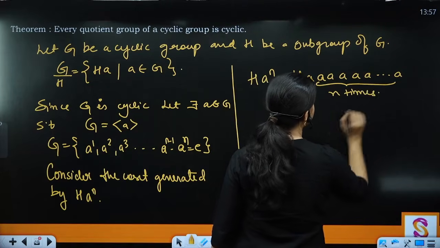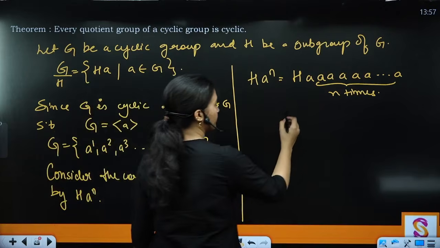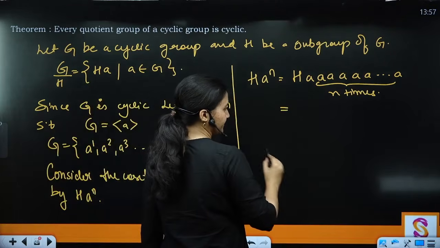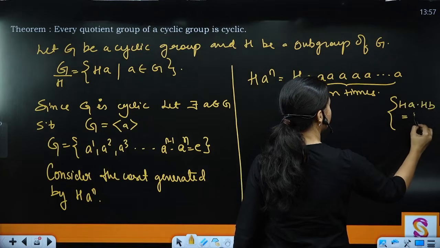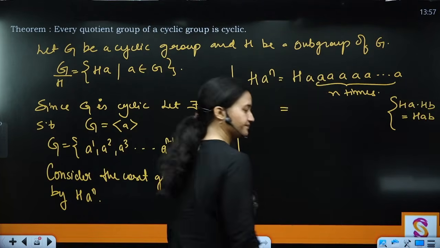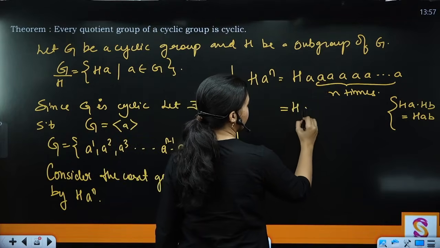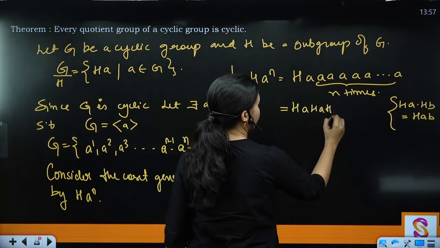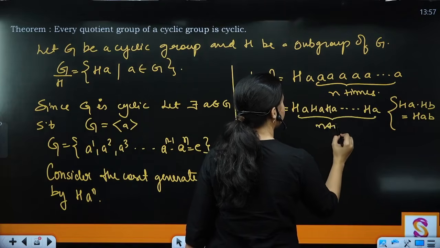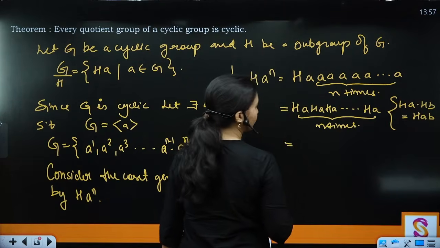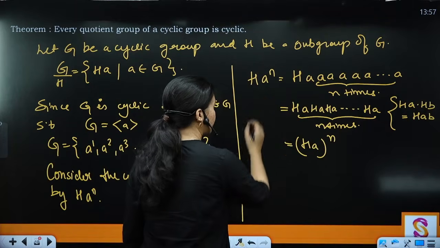Any problem in that? You can easily write it by expanding a. Now we know that Ha · Hb equals Hab, right, for a normal subgroup. So can I write it as (Ha) n times? Now this can be written as (Ha)^n.